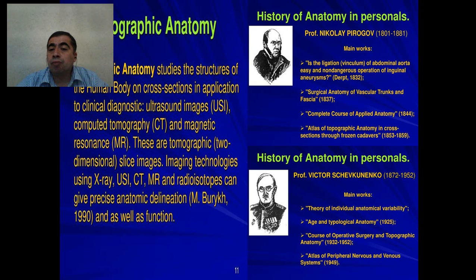Also, he wrote the surgical anatomy of vascular trunks and fascia. Please pay special attention to the vascular trunks and the fascia, because as I have noted, the fascia forms the vagina, forms the sheath for the vascular trunks of the concerned region.